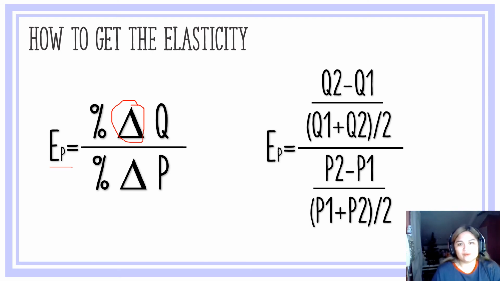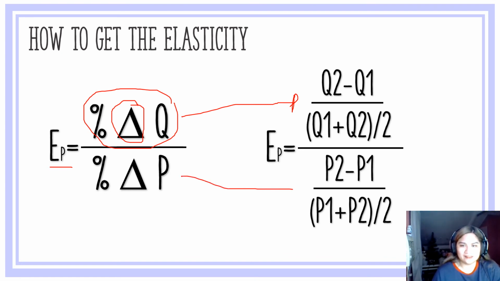We're going to use the midpoint formula. Expanding this, it will be like this: Q2 minus Q1 over Q1 plus Q2 divided by 2, all over P2 minus P1 over P1 plus P2 divided by 2. So this part is the change in price.